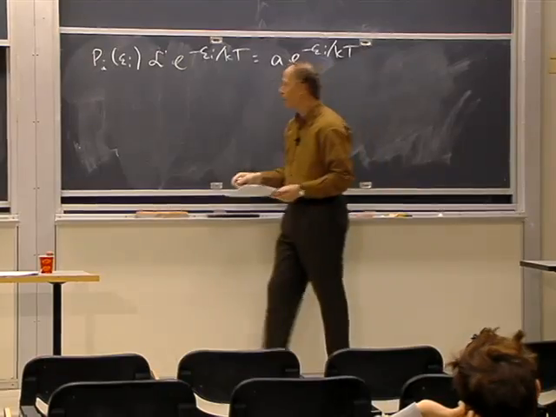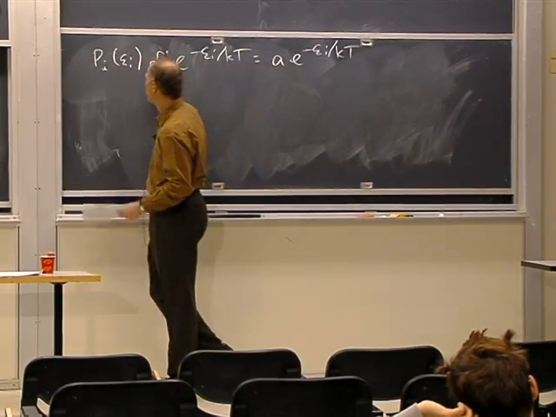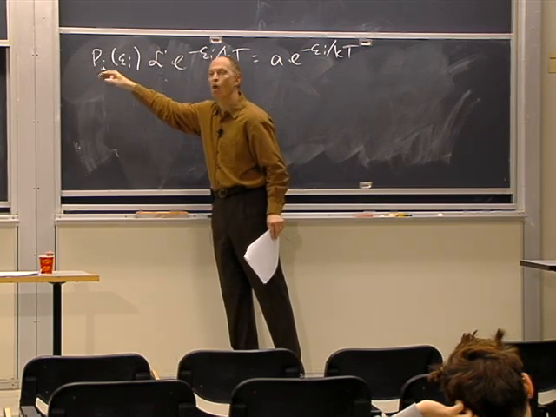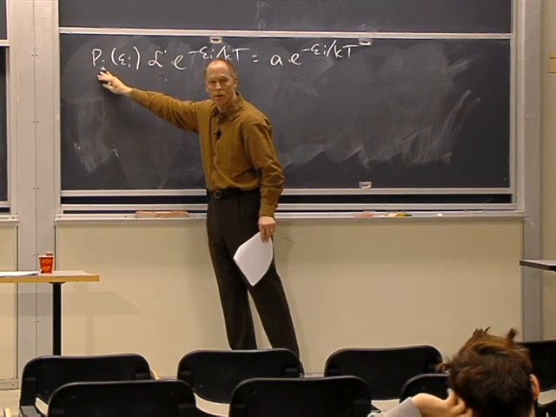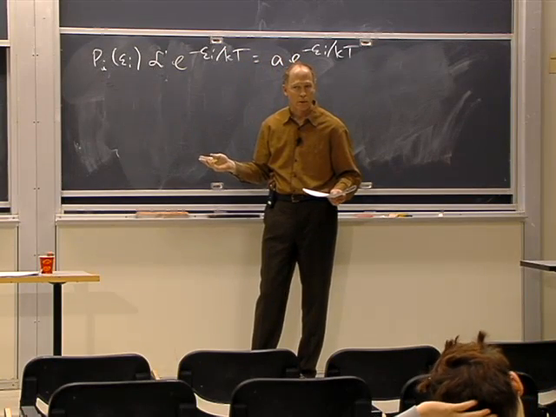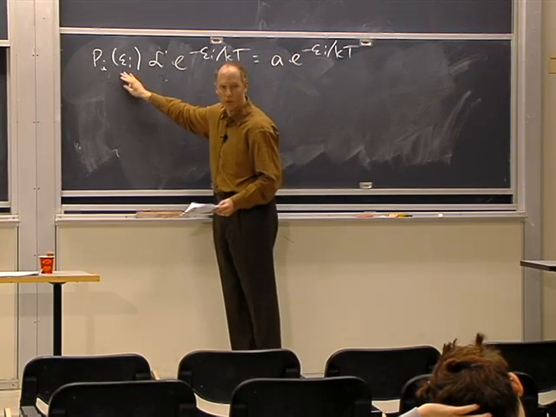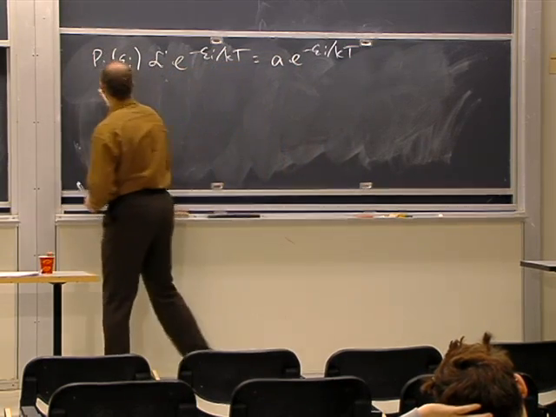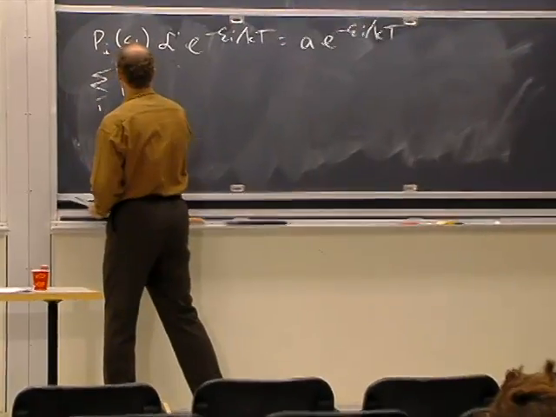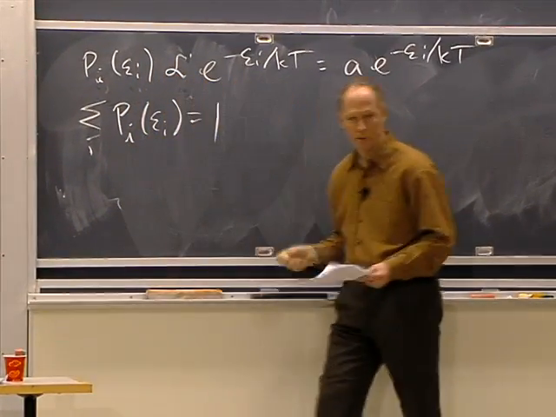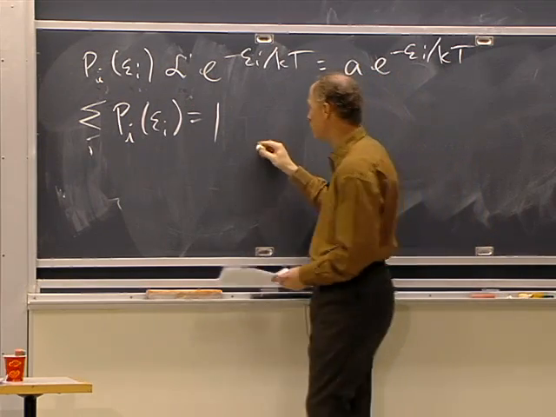But we can determine what that constant is because we know that if we sum over all the possible states, the molecule has to be in some state, right? So the sum of all those probabilities has to equal 1. Sum over I of pi of EI is equal to 1, because the molecule must be in one of the states.